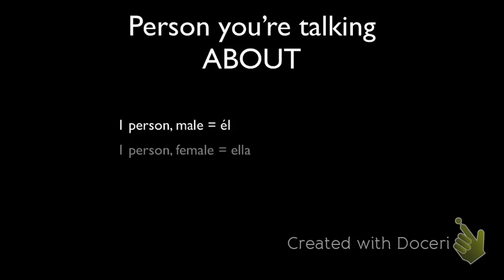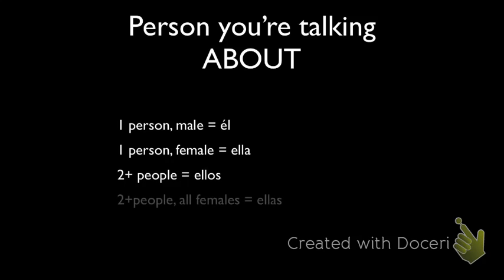If you're talking about one person and she's a girl, ella. If you're talking about two or more people, ellos. And if you're talking about two or more people and all of them are girls, ellas.